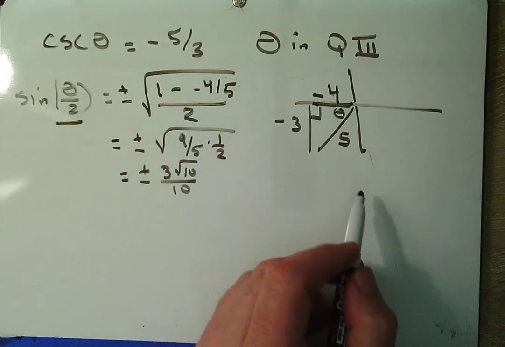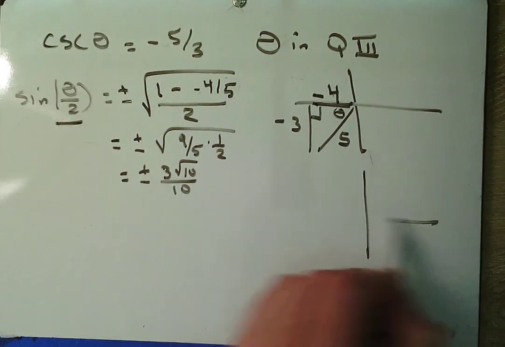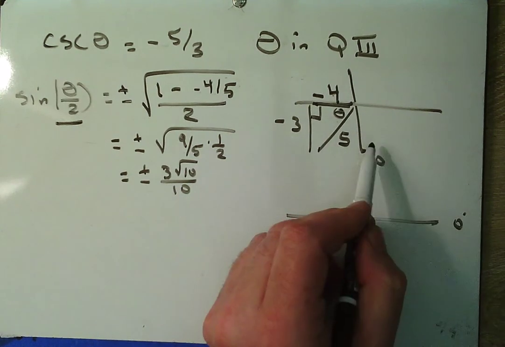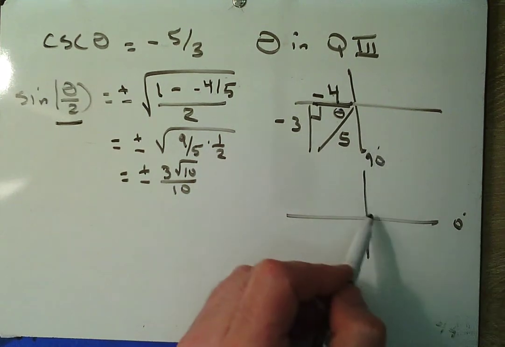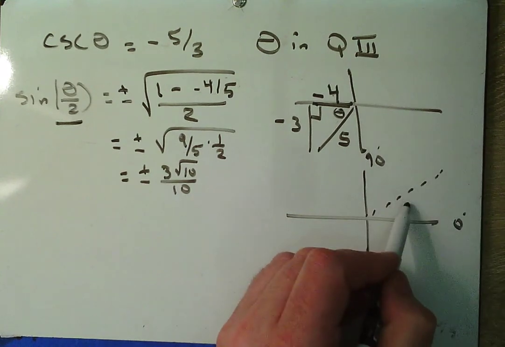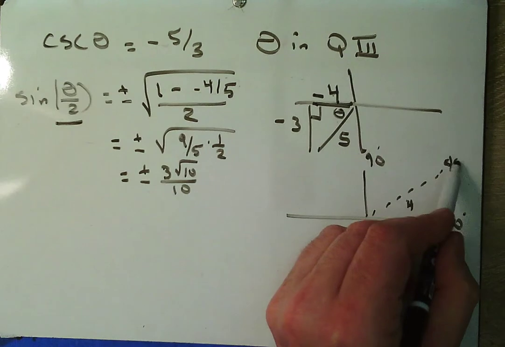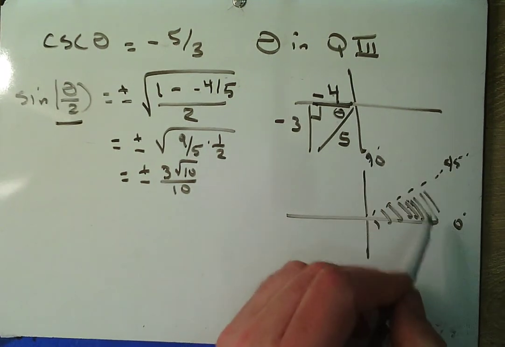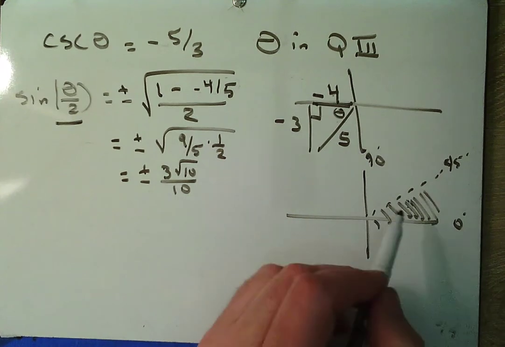Well, let's think about that. 0 to 90 degrees. Half of anything in here would live here, 45 degrees or less, right? Because half of 90 is 45. Okay.